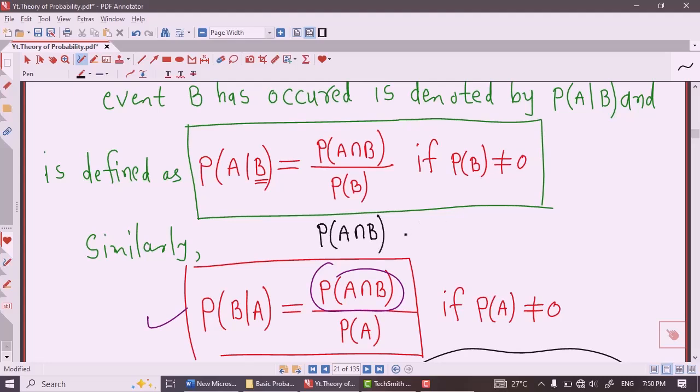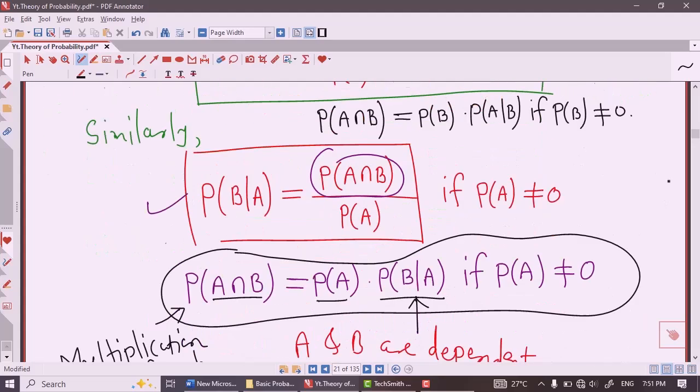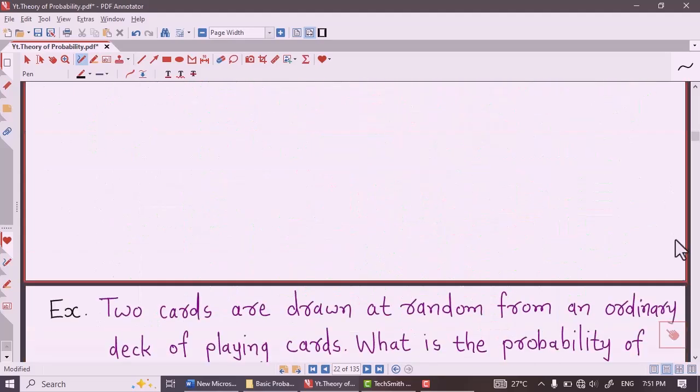Probability of A intersection B can be written as probability of B times probability of A given B, if probability of B is not equal to 0. So this is the multiplication rule of probability, and that also you have to remember.